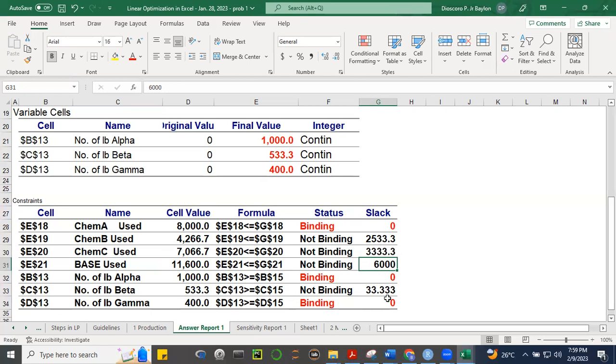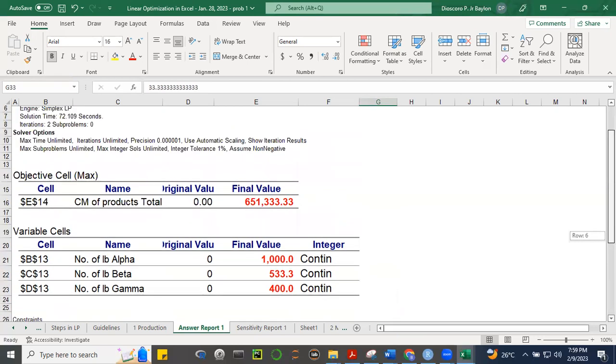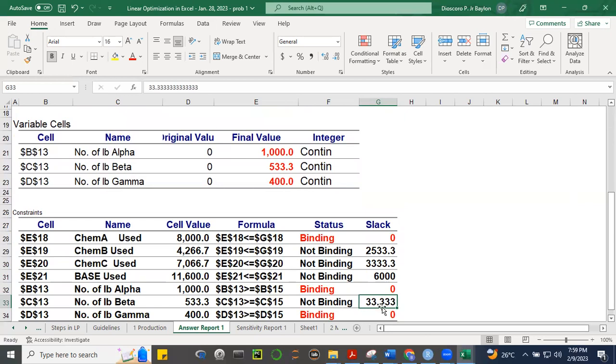Iba naman dito yung binding dito sa minimum demand, iba siya, no? Hindi excess yun, yung 33.33. Yun yung, well, in a sense, excess over the minimum demand. So, ibig sabihin, we were able to produce more than the minimum required, 33 pounds of data.